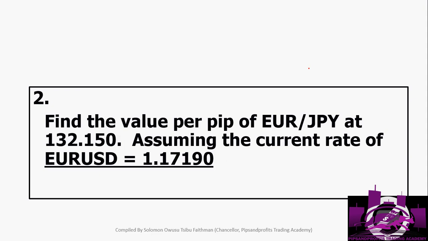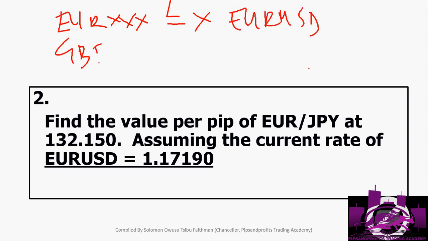Okay, someone is asking, yesterday I heard about the inverse of something. For the benefit of those who are not here, let's go back to the conversion rate. With the conversion rate, if you are trading Euro crosses, Euro paired with any other currency, you multiply by the rate of Euro USD.